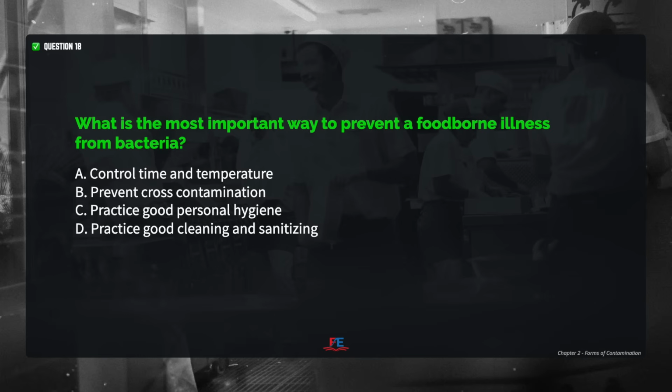Anything in between is where bacteria will thrive, multiply, and grow to dangerous levels, enough to get someone sick, put them in the hospital, or potentially kill them. So the longer that food stays in that temperature danger zone, the more bacteria grows. Controlling time and temperature, especially during the cooling process, the reheating process, and hot and cold holding, is your best move to preventing this.